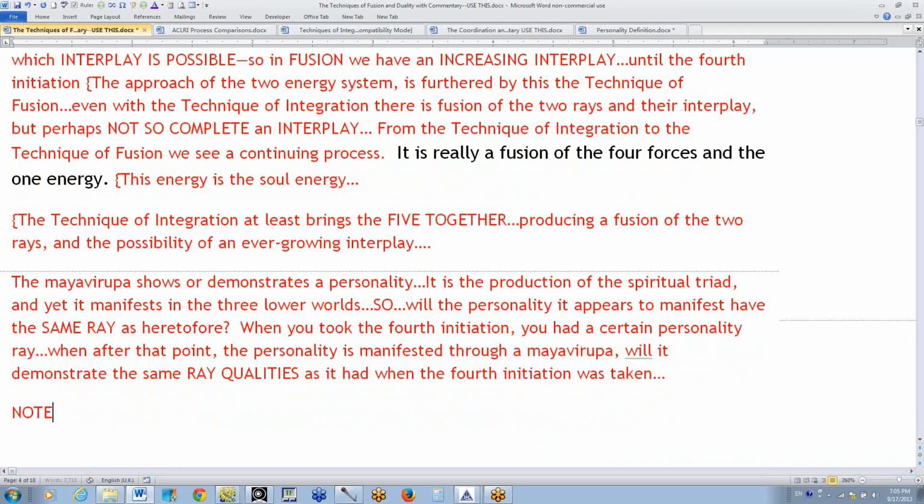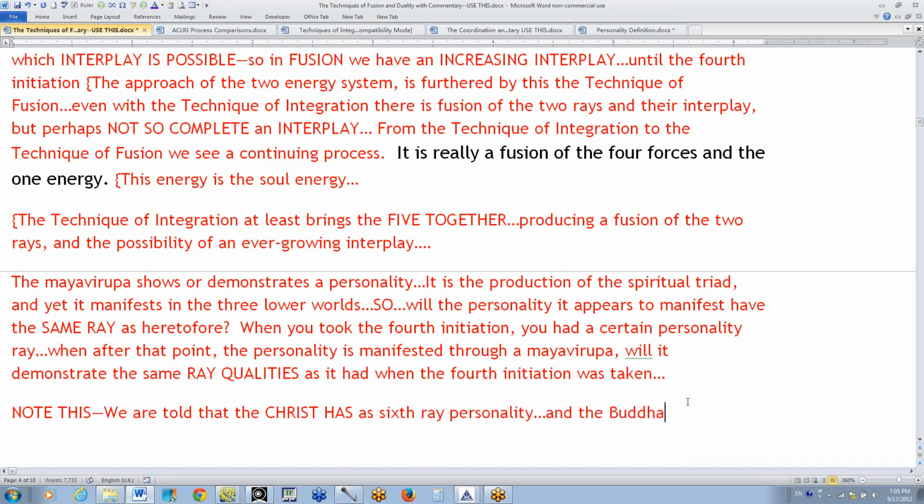Because, now note this, we are told that the Christ has a sixth-ray personality. Sixth ray. He has that.